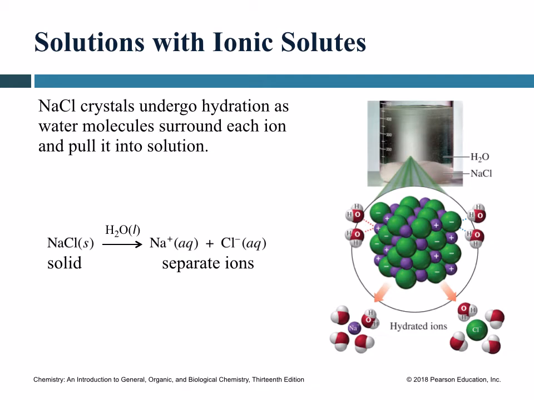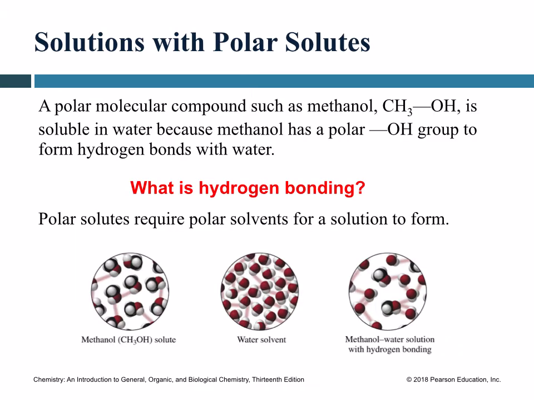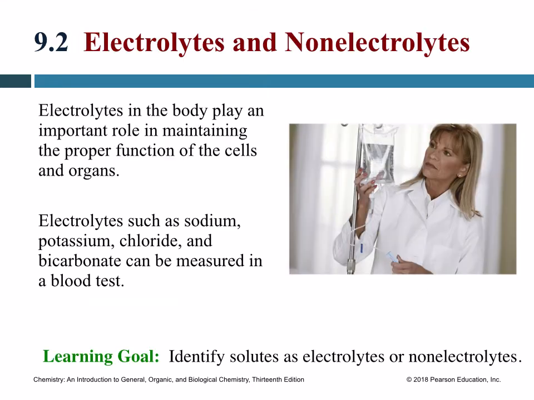As we discussed before, an ionic compound will dissolve if the ion-dipole interactions are stronger than the ionic bonds in the ionic compound and the hydrogen bonds in water. For polar solutes, since like dissolves like, they will dissolve in polar solvents such as water. Recall what hydrogen bonding is.